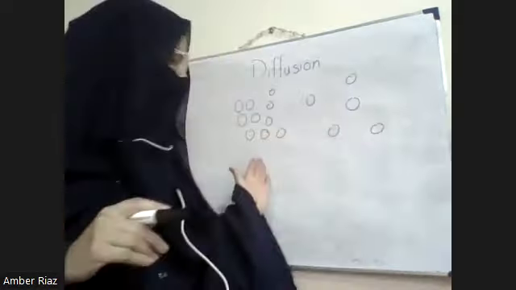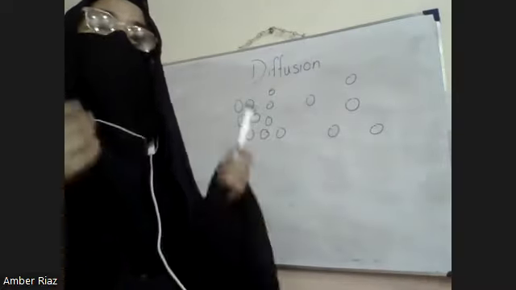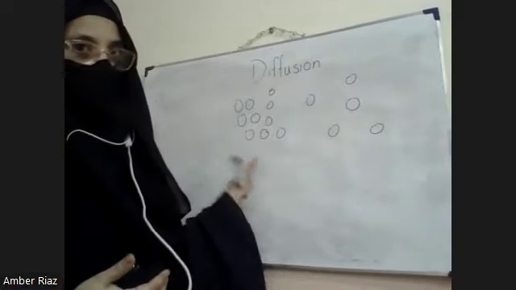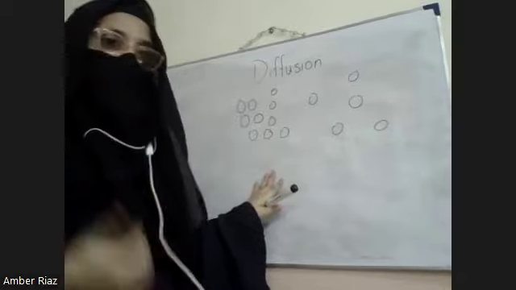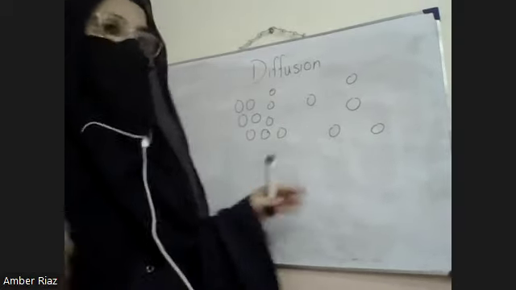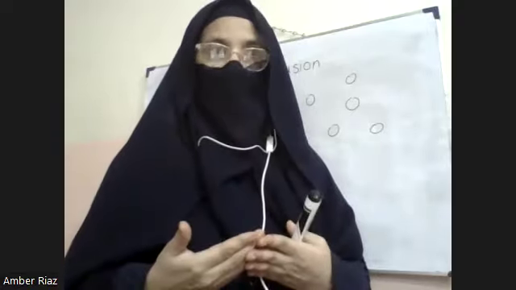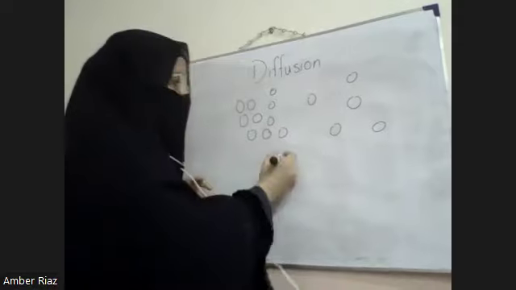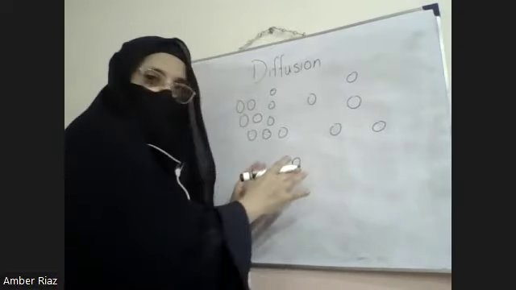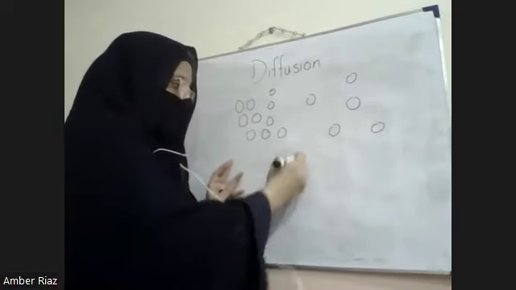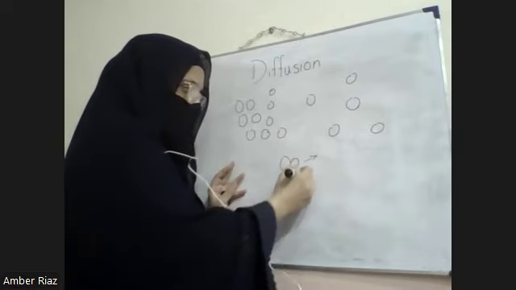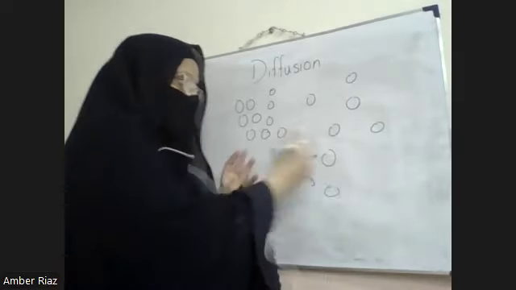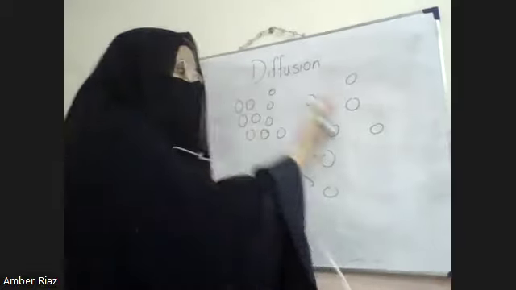Because the molecules or particles have kinetic energy in them. Because of that kinetic energy, the particles continuously and randomly move and they collide with each other until they are evenly distributed.